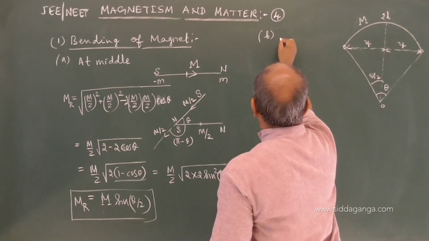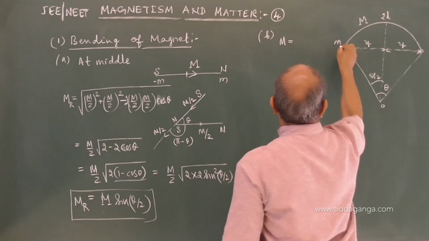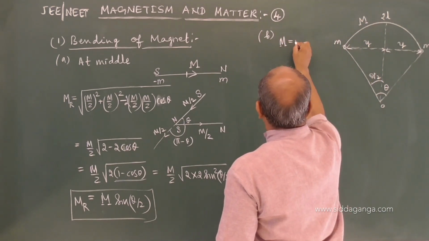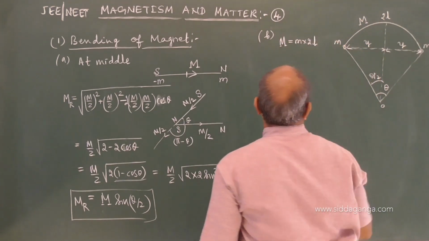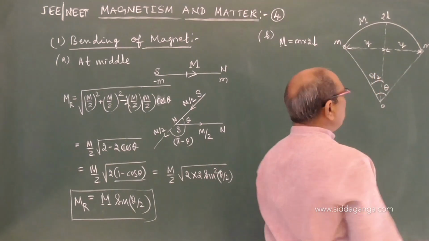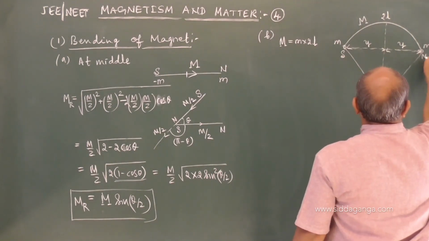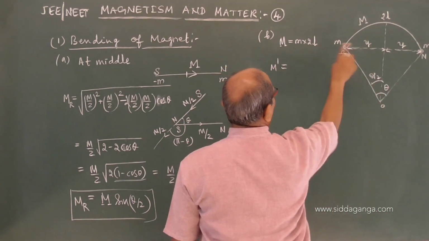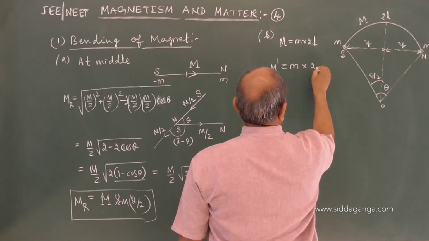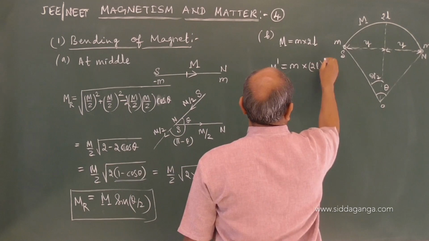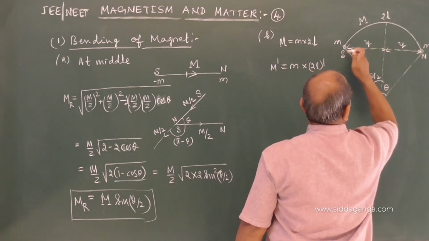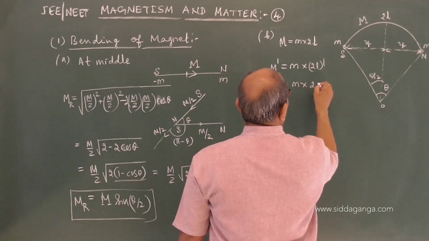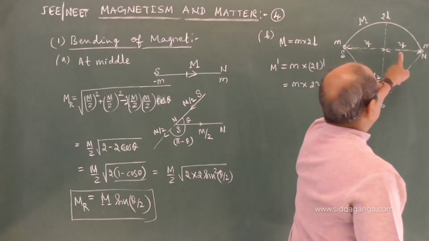For the old moment, pole strength is m, so I can write M is equal to small m into 2L, the original magnetic moment. Now for the new moment, pole strength is not affected, but the length is 2L dash. This 2L dash is only the displacement, therefore it becomes m into 2y. Y plus y is the effective length.